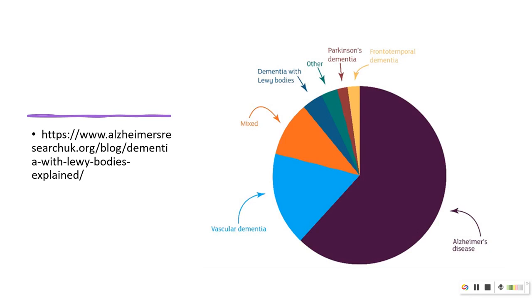And then you can have mixed, which means you can have vascular dementia with Alzheimer's, or Alzheimer's with Lewy body, or just a mixture of different types of dementia, so you can't really identify exactly which one it is. Then we would put that in the mixed category. And then we have dementia with Lewy bodies. The other category can be those other types of dementia that we talked about, such as traumatic brain injury, substance abuse, Parkinson's dementia, and then the rarest type really is the frontotemporal.